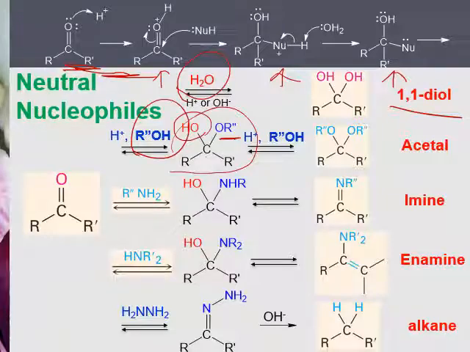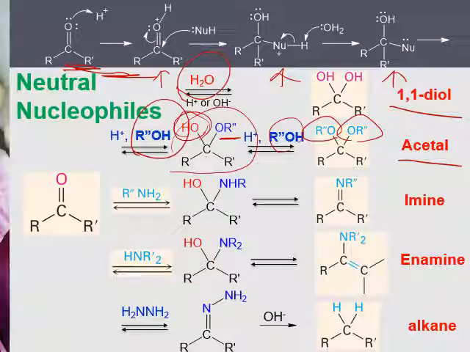Eventually, a second alcohol adds to the carbonyl carbon. The hydroxy becomes a leaving group, and the final product is an acetal, with two alkoxides added to the carbonyl carbon.